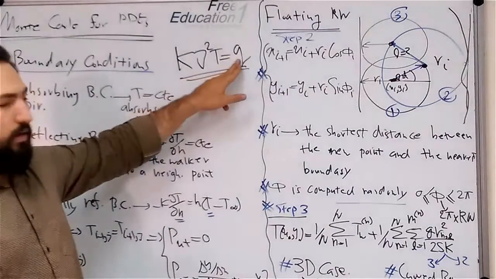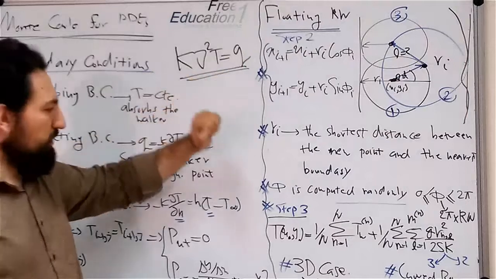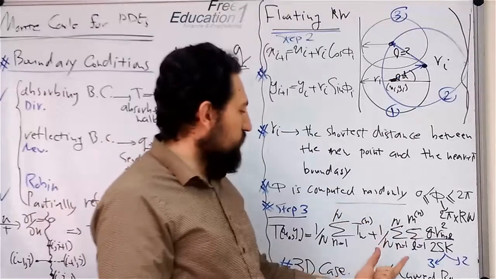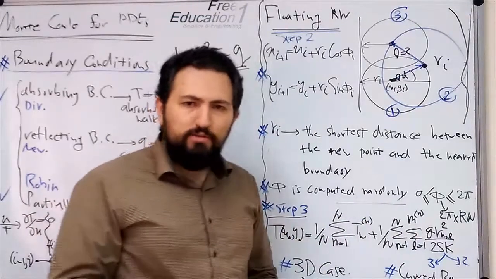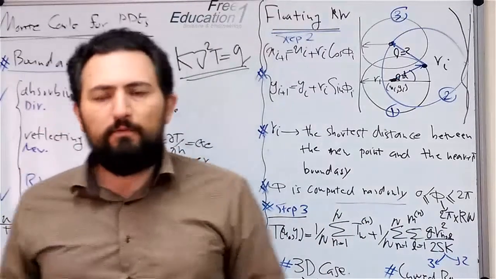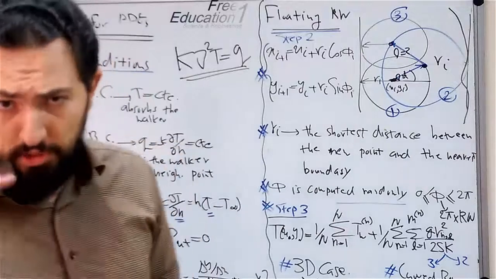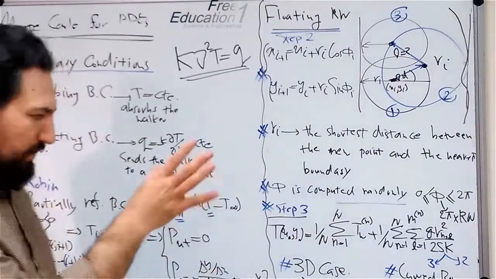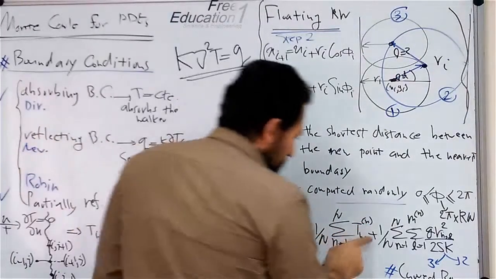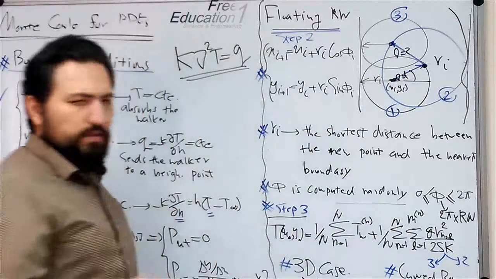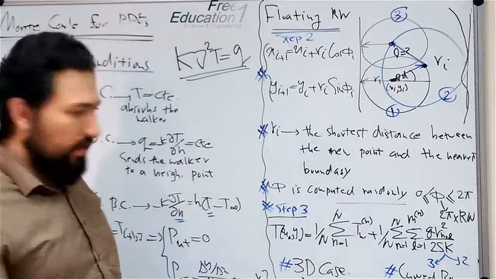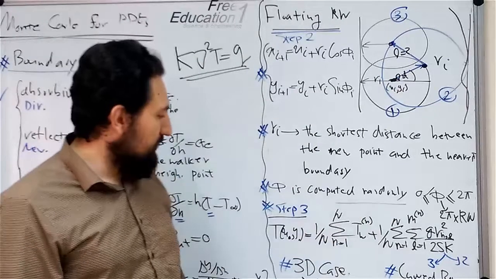To account for the source term in the equation, you have to add another term to this temperature to compute the effect of the source term Q in the equation during the random walk process. Again, plus 1 over n. The first summation is over the random walks, starting from 1 and ending at n.